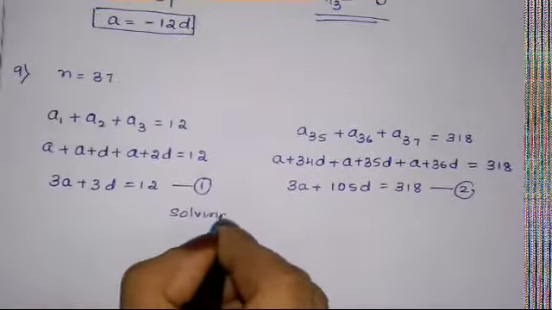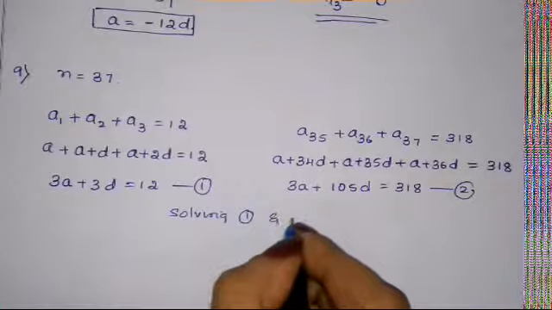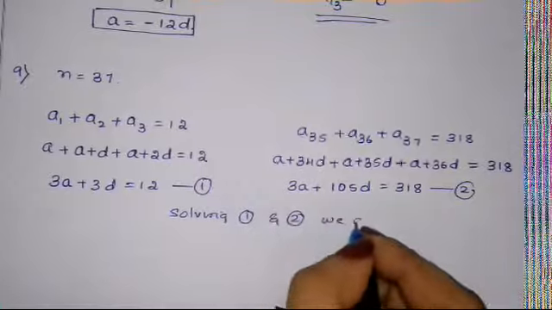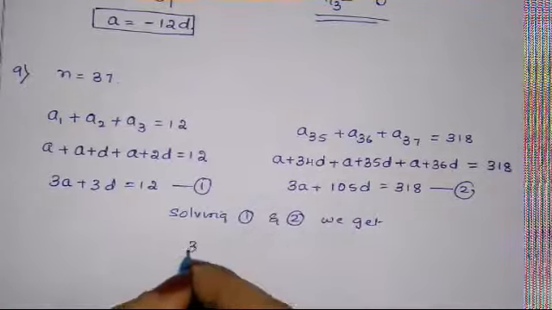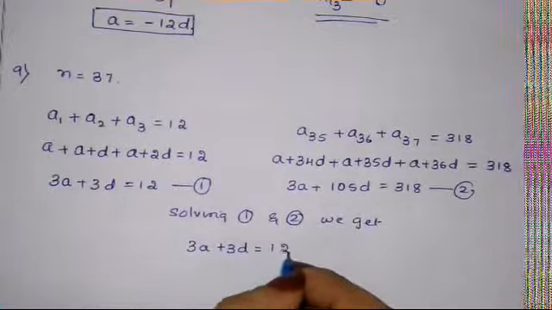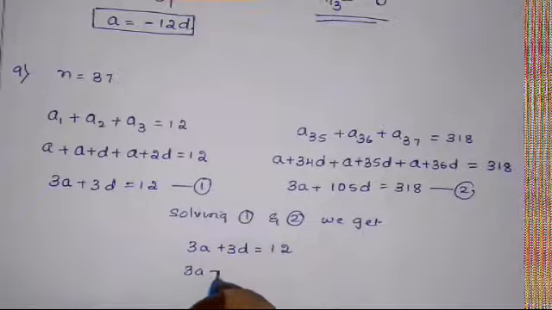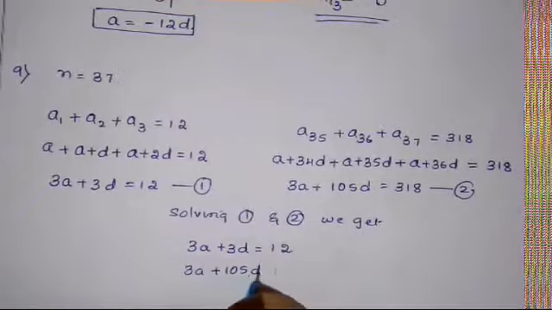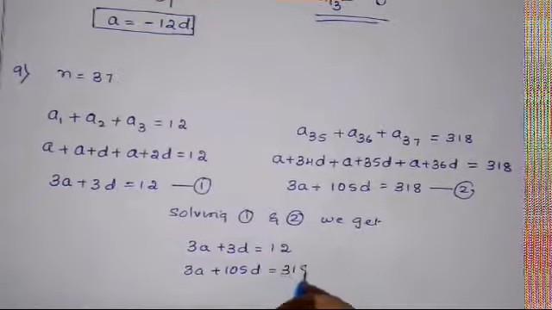Solving 1 and 2, we get 3A plus 3D is equal to 12 and 3A plus 105D is equal to 318.